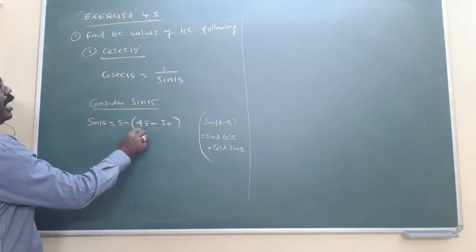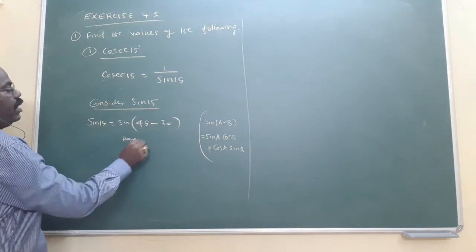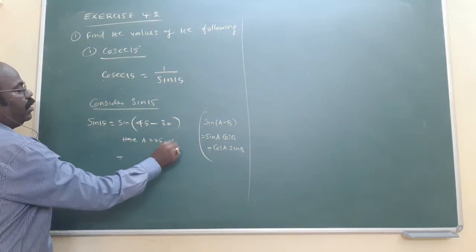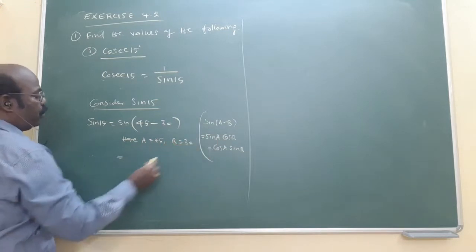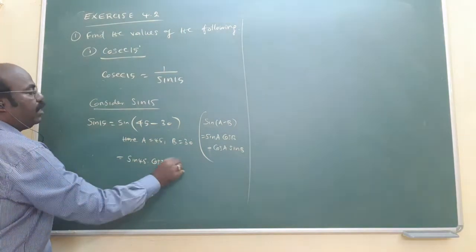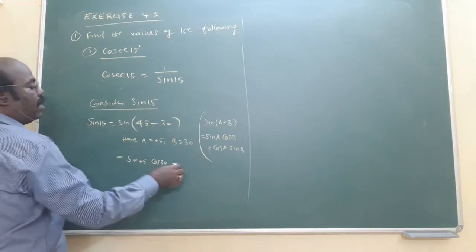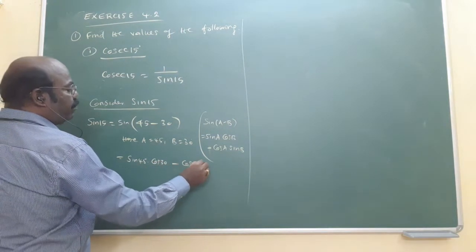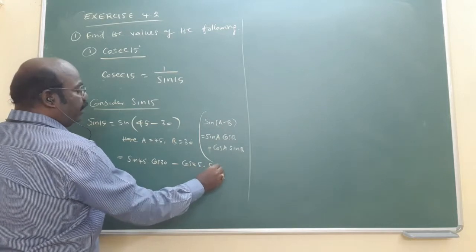Here A equals 45 degree, B equals 30 degree. Substituting, sin 45 degree into cos 30 minus cos 45 into sin 30.